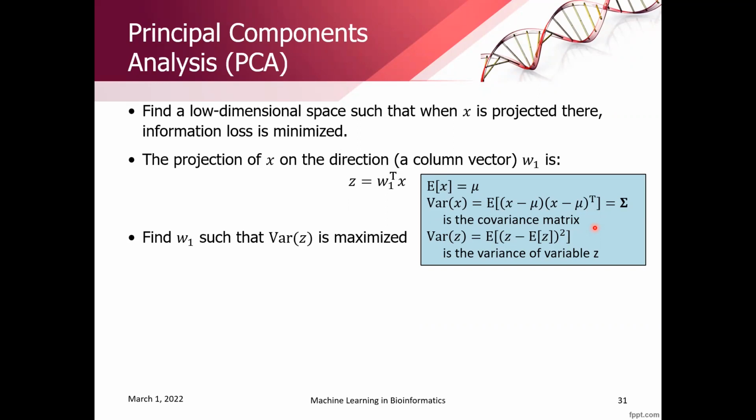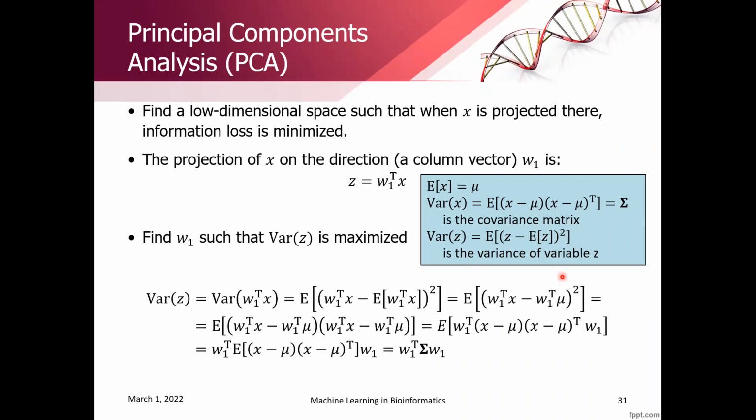When we multiply them together, the result is the covariance matrix. The variance of z is just one number, so we need not use the covariance matrix to compute its variance. The variance of z is the expected value of z minus the expected value of z, squared. Okay, so our goal is to maximize the variance of z.